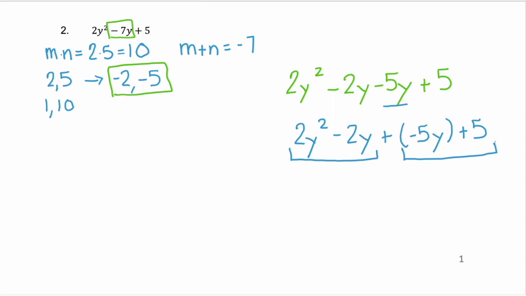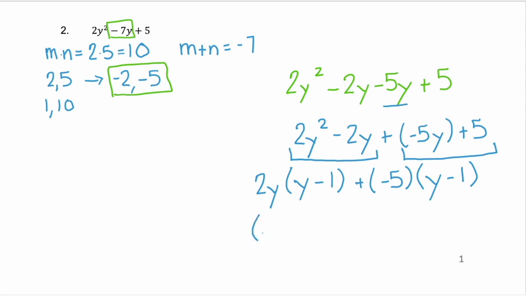The GCF of those first two terms is 2y. So we factor that out, and you're left with the binomial y minus 1. Now the second two terms, they have a negative 5 in common. So we factor out that negative 5, and we're left with the binomial y minus 1.